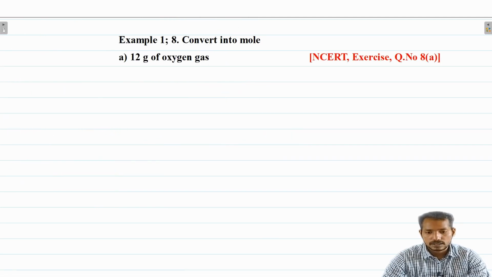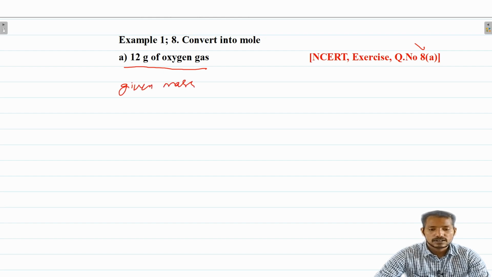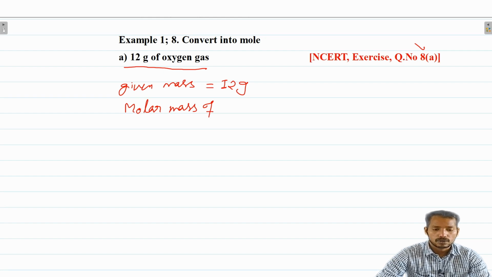Let's take some questions to understand this formula. Convert 12 gram of oxygen gas into mole. Exercise question number 8 option A. So here you can see the given mass is 12 gram. And the molar mass of oxygen gas: oxygen gas exists in the state of O2.